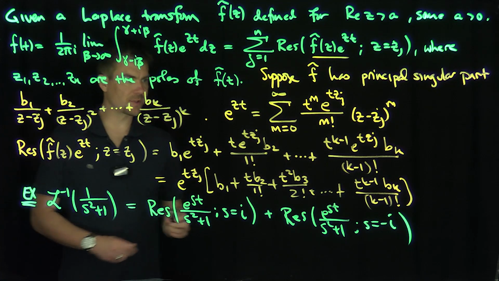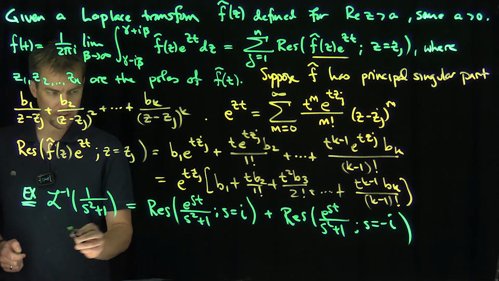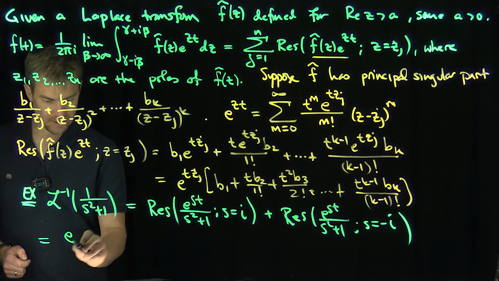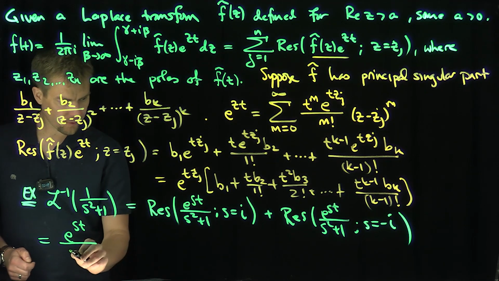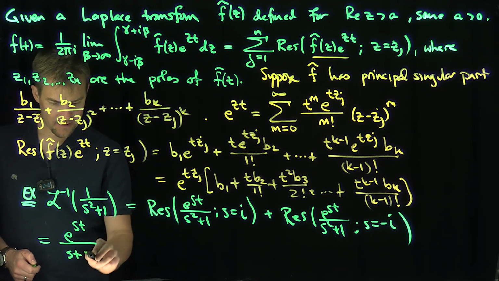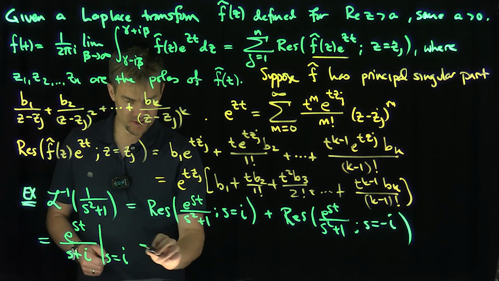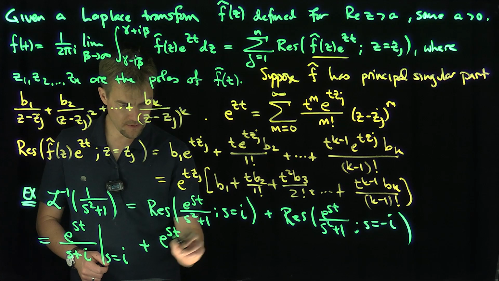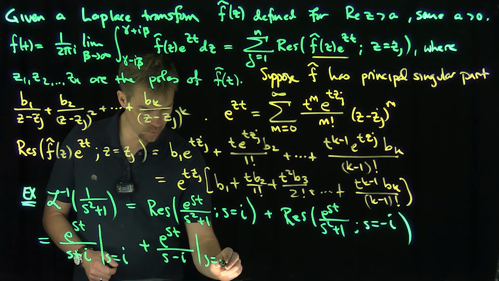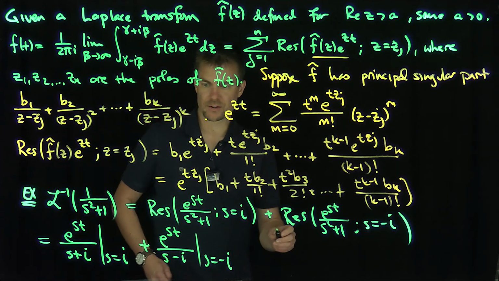So let's compute those residues and see what we get. Well, the first residue over here is just going to be the function e to the st over s plus i evaluated at s equals i. This next residue over here is going to be e to the st over s minus i at s equals negative i, okay?